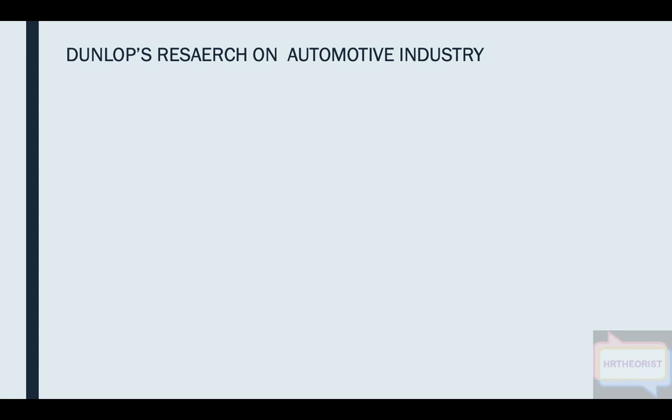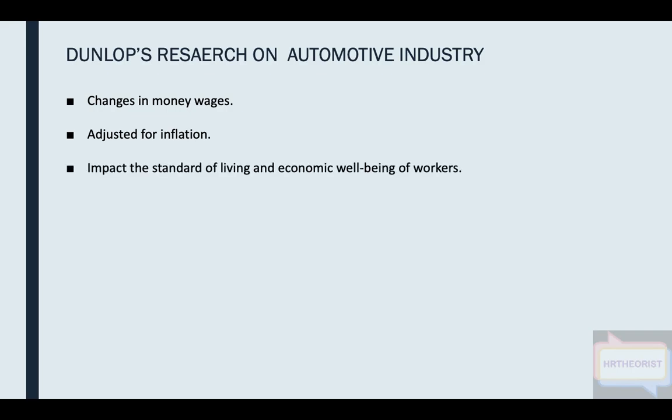He is interested in understanding how changes in the amount of money workers earn, taking into account the rising prices of goods and services, that is inflation, affect their overall quality of life and economic prosperity. To this end, Dunlop would analyze how an increase or decrease in wages, when adjusted for inflation, can either improve or worsen the purchasing power of workers.